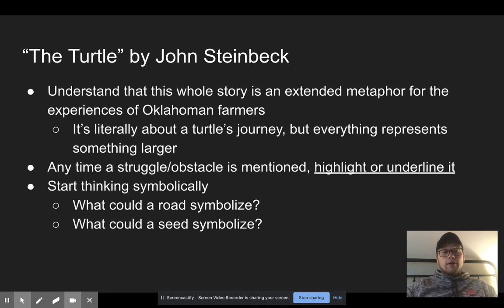There's also going to be a lot of talk about seeds that this turtle is dragging with it during its journey. What could those seeds possibly symbolize? You want to start to think about what a seed does. Obviously, you put it under the ground in hopes that it can grow into something else. Again, we're going to try to attach larger meaning to that object in this chapter.